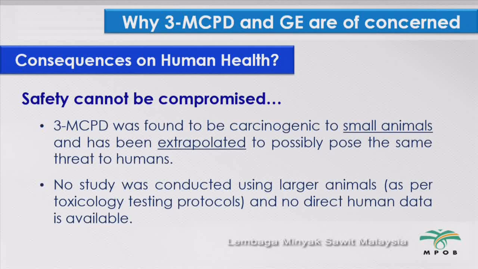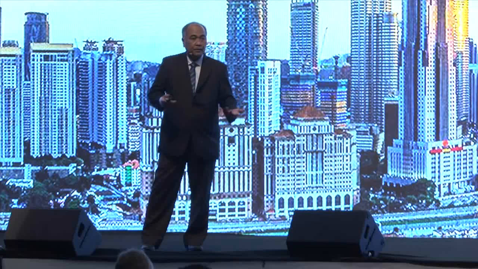So it is not scientifically proven yet, right? As I mentioned here, there is no study on larger animals, and clinical trials for humans are still yet to be made available.